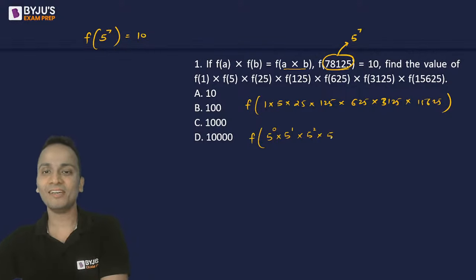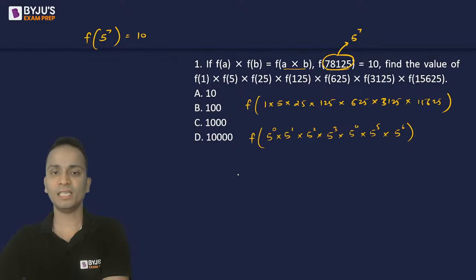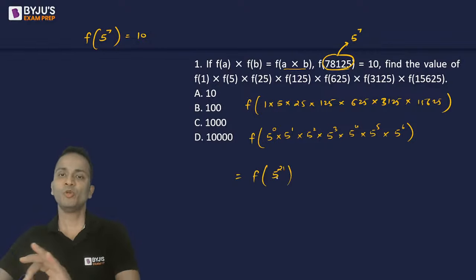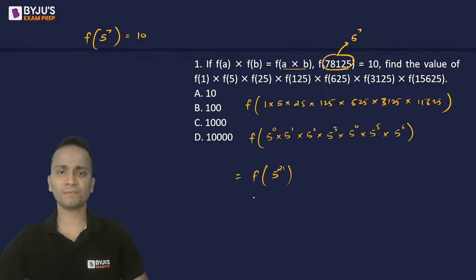5 raised to the power 3, 5 raised to the power 4, 5 raised to the power 5, and 5 raised to the power 6. All right. Now combining all of them, you will get f of 5 raised to the power 21. I hope you have understood this particular part.